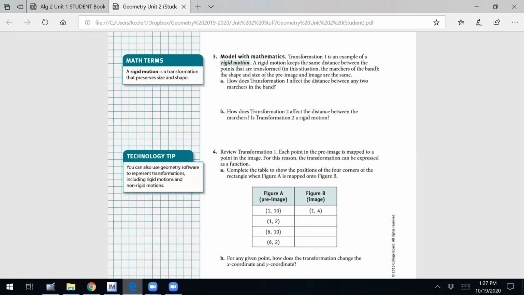Now we've got 3B. How does transformation 2 affect the distance between the marchers? Okay, so the space doubles. That's one way to say it. Anybody else have a different way? Good. They stretch themselves out vertically.